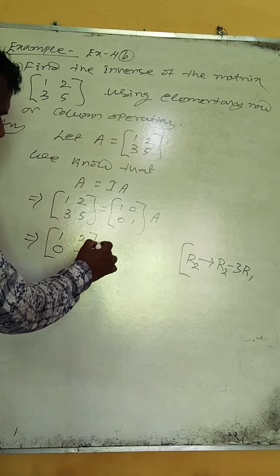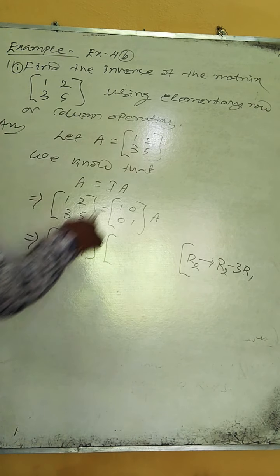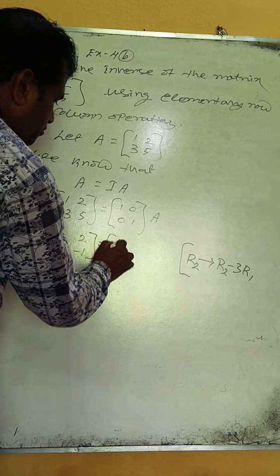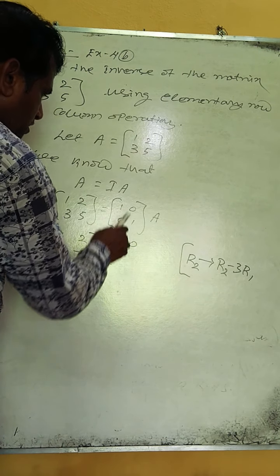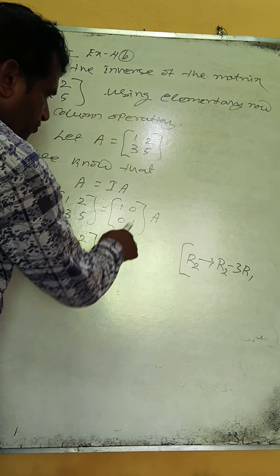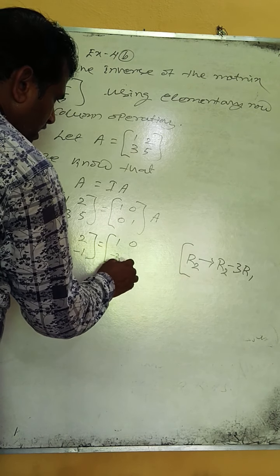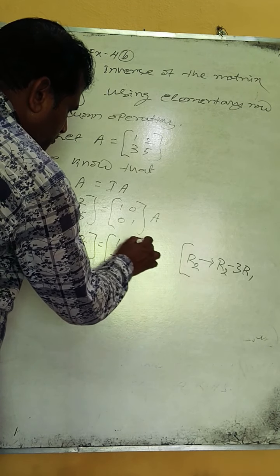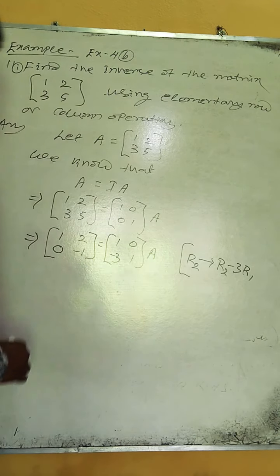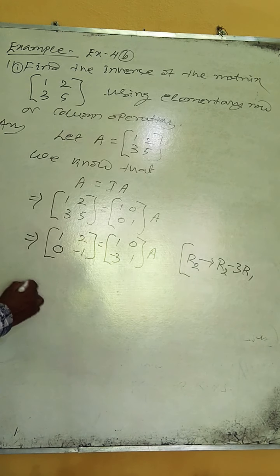Same operation on the unit matrix: 1 0 stays, and 0 minus 3 times 1 gives minus 3, 1 minus 3 times 0 equals 1.